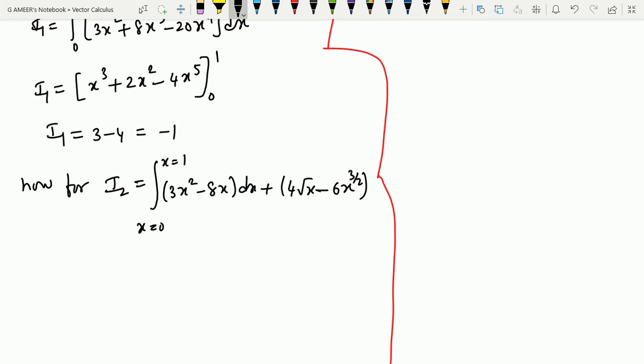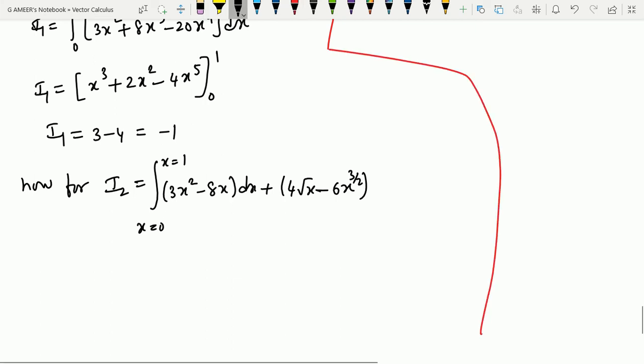So dx we need to write here. As y is equal to root x, then dy will become 1 by 2 root x into dx, that is dx upon 2 root x.